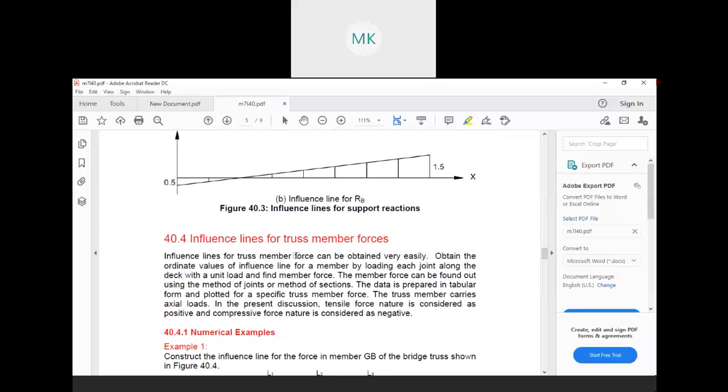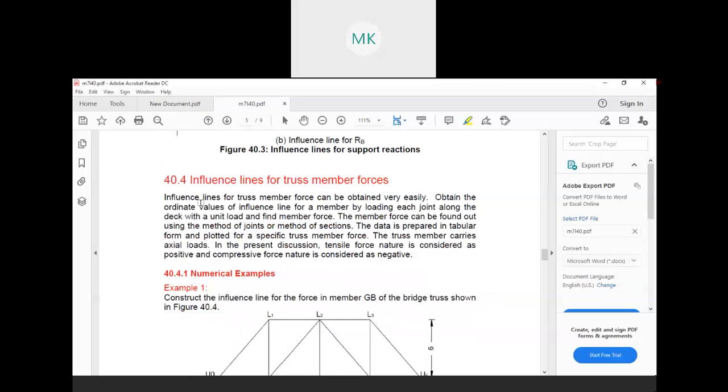All of you please go through this; you can easily understand it, as it is very simply explained here. Here the influence line for truss member force can be obtained very easily.